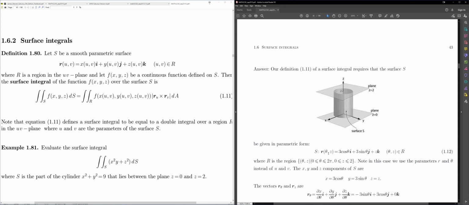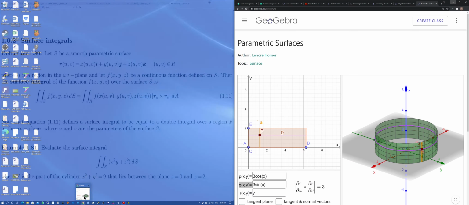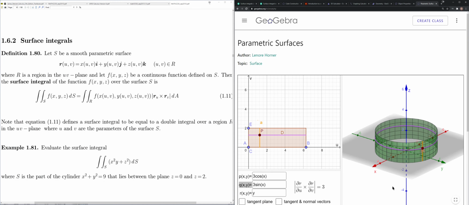The theta has a meaning: it measures the angle relative to the x-axis. As you go from here to the y-axis and move along this bottom circle, your theta goes from 0 to pi on 2.